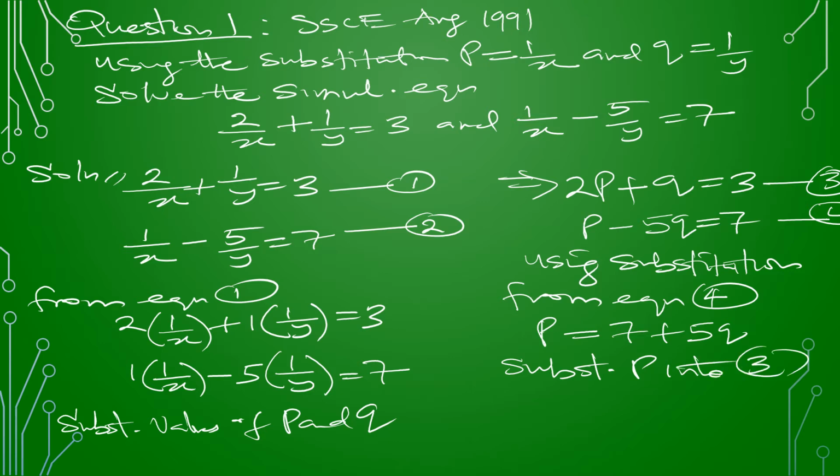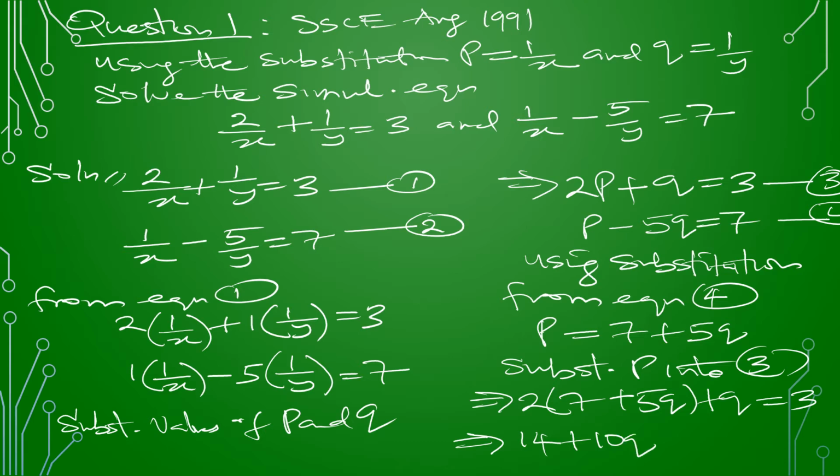We have 2 into 7 plus 5Q plus Q as equal to 3. This implies 2 times 7, we have 14, plus 2 times 5Q, we have 10Q, plus Q as equal to 3.